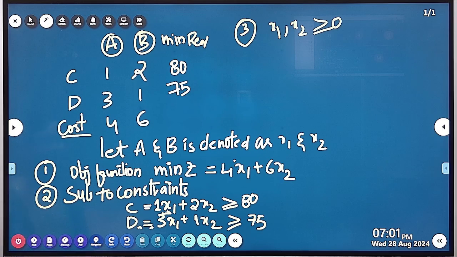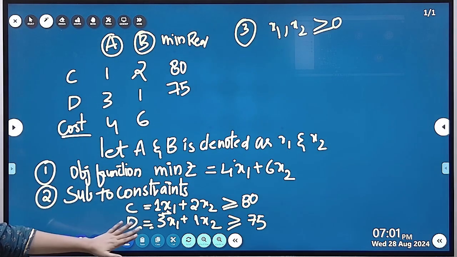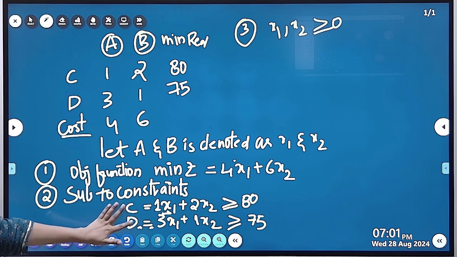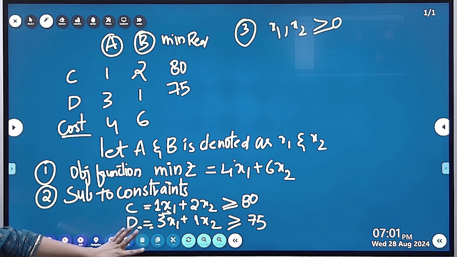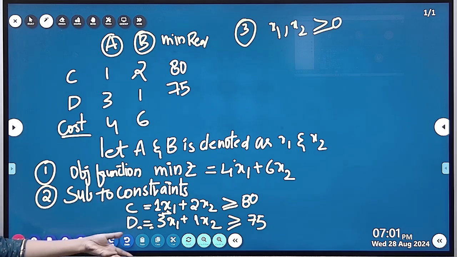In the question they will tell us to formulate the solution or the feasible solution. When they ask to formulate, we need to do only up to this. This is a graphical method, but if the question asks only to formulate, we need to do only the equations. We can solve it, but the question is not asking us to solve.